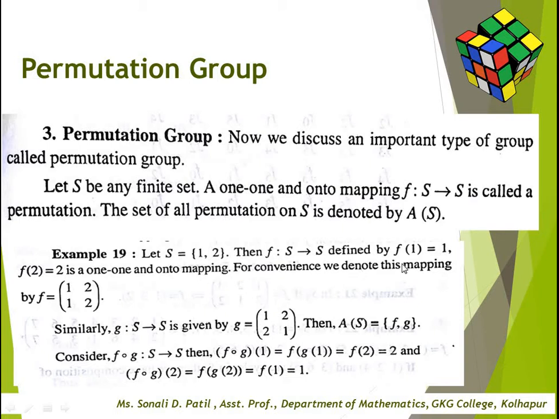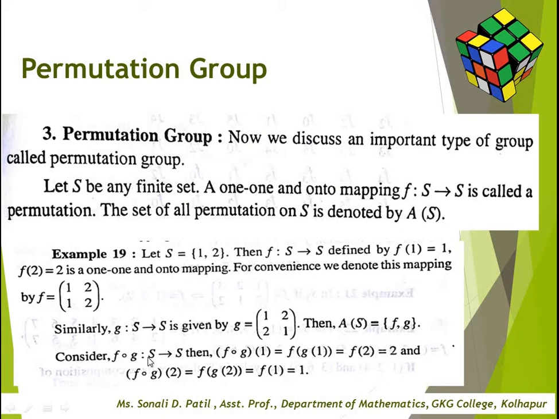For convenience, we denote this mapping by f is equal to first row 1 2 and second row 1 2. Similarly, g from S to S is given by g is equal to first row 1 2 and second row 2 1. Then A(S) is equal to {f, g}.